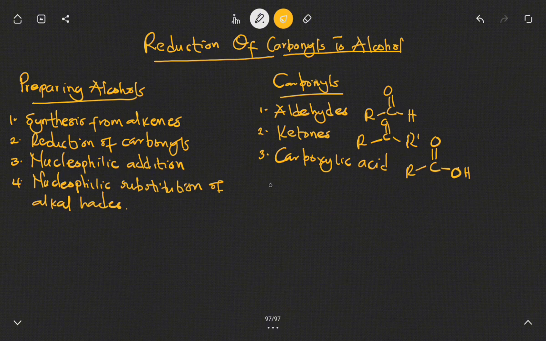And we also have esters. Now for the esters, we have R, carbon doubly bonded to oxygen, and then we have OR. Alright, so these are the carbonyls that we can reduce to alcohol, and to reduce these we need reagents.